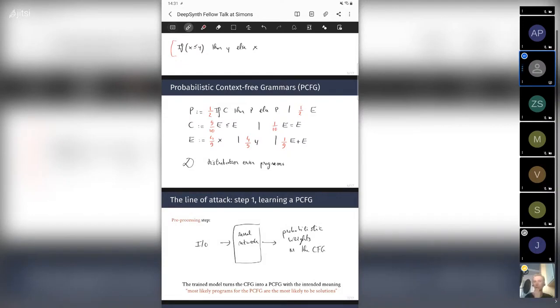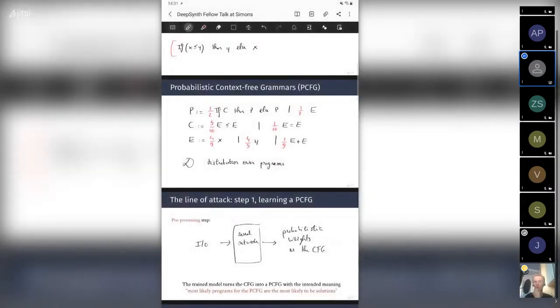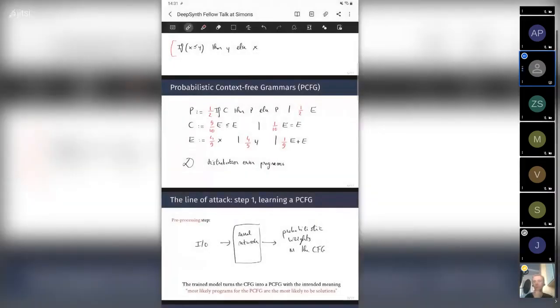So in your program synthesis question, there is attached to it a context-free grammar that defines all the programs you are considering and that may be solution to your question. And now when you have an input output, what you want is some sort of indications or predictions on what programs from this context-free grammar may be solutions. So the neural network will get you exactly that. It is fed with input-outputs, and what it gives you is probabilistic weights on the CFG, effectively turning the CFG into a PCFG.